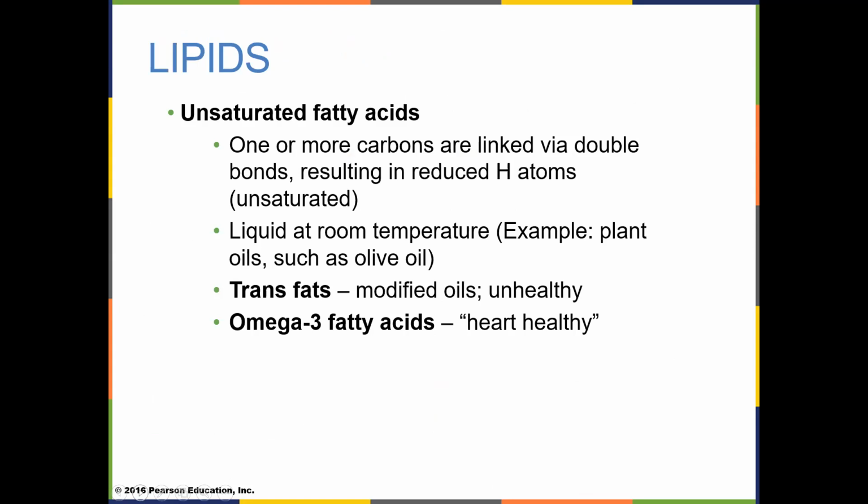The lack of hydrogen atoms and their electrons is just enough to keep van der Waals attraction from occurring between the adjacent chains. So the chains don't have a chance to form a solid. These are all liquid at room temperature. Plant fats are liquid at room temperature.